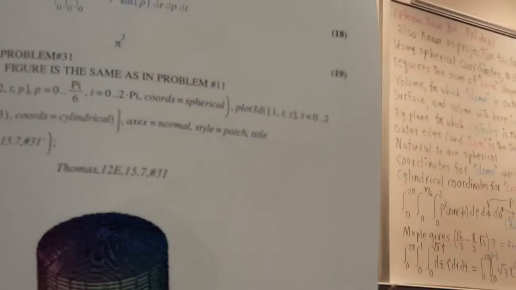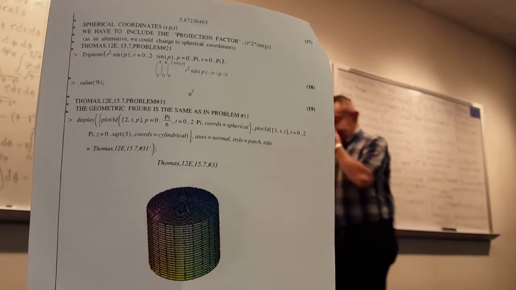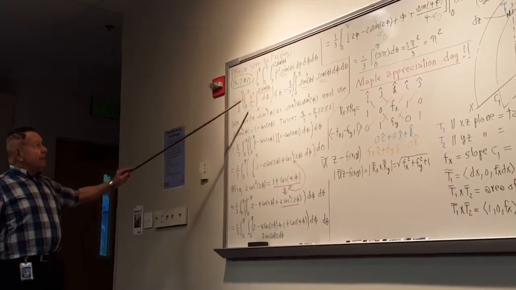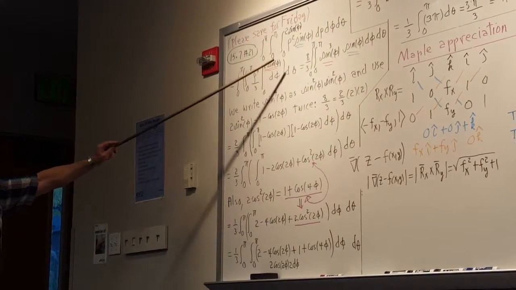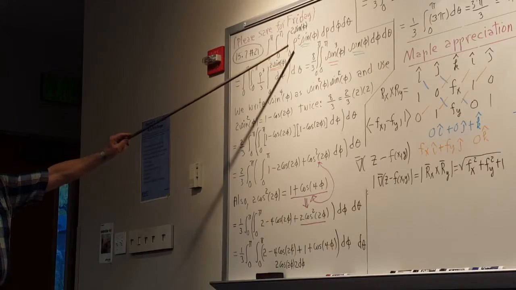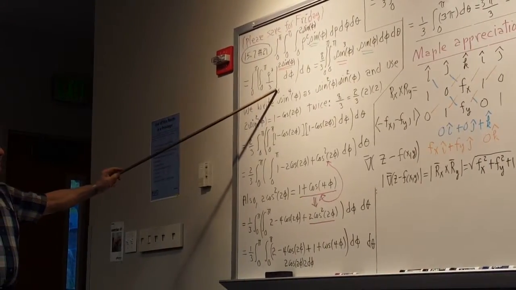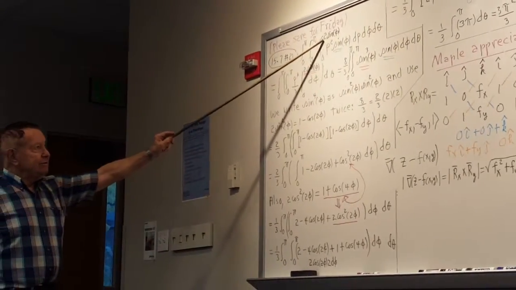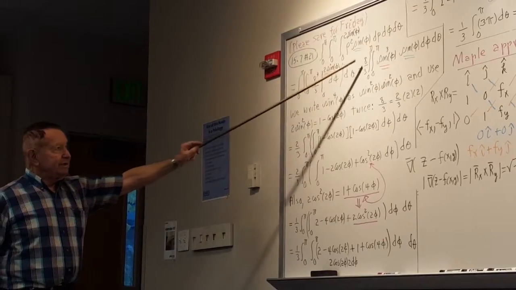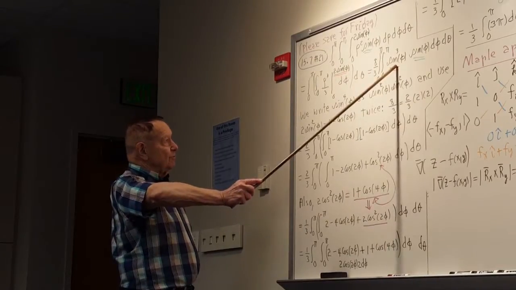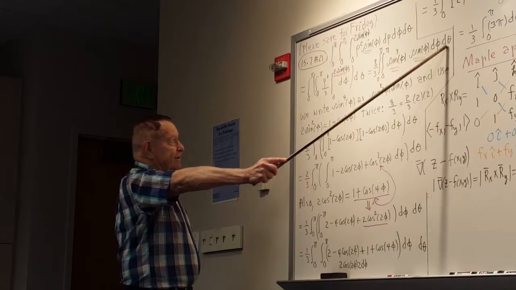So if we go to the other end here, here's problem 21, and if you do this by hand, first of all do the rho: rho square d rho would be rho cubed over 3, and put in your limits 0 to 2 sine phi, so the 2 cubed gives you the 8/3, there's the 3, and then you have sine cubed phi and another sine, and d phi d theta.